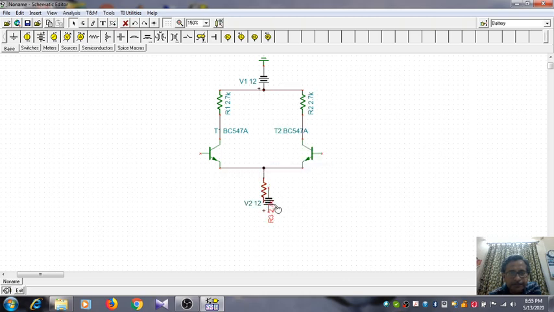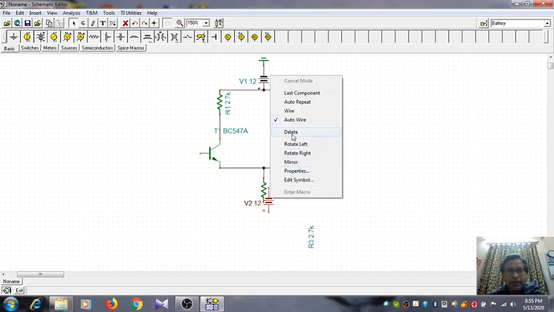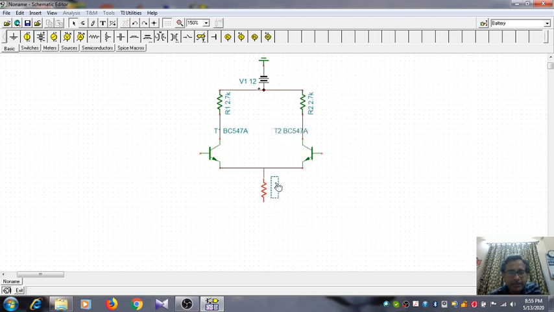I'm sorry, let me put it once again. Put the battery here, two successive rotate right. Oh, again it is coming in this direction. Let us delete it.